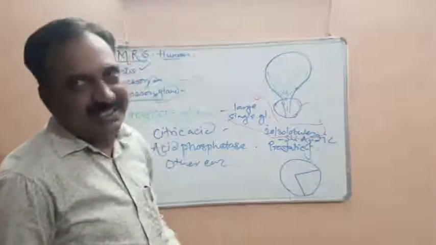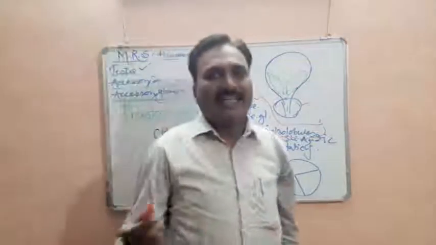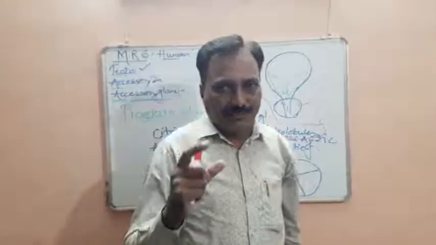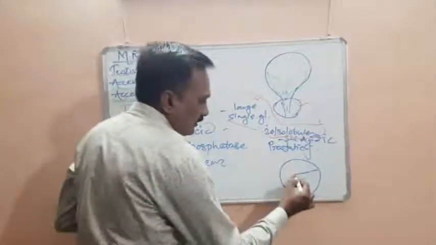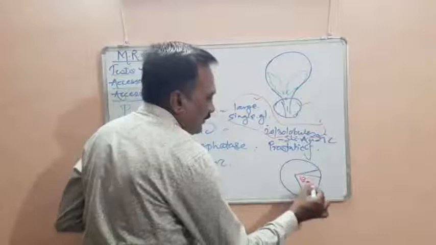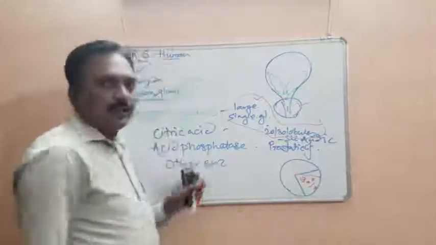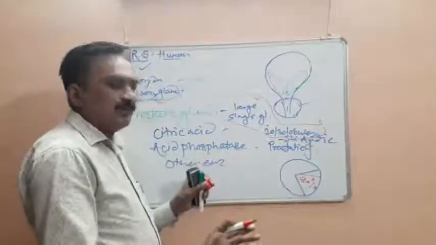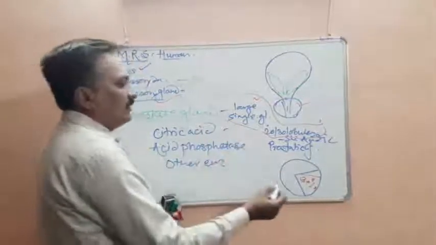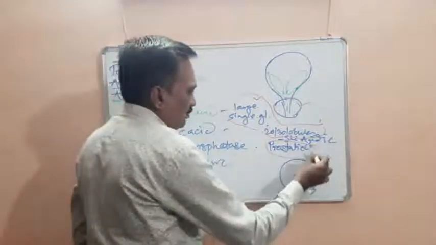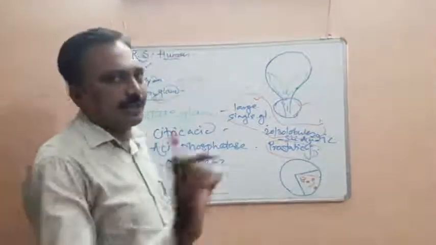Seminal vesicle secretes seminal fluid, the prostate gland secretes the prostatic fluid, and that prostatic fluid contributes about 30% of the total semen which is ejaculated. From that 30% contribution from the prostatic fluid. या prostatic fluid चं contribution किती आहे? 30% contribution.